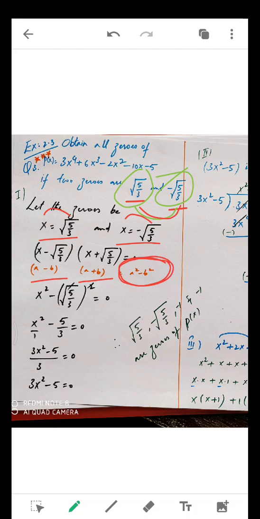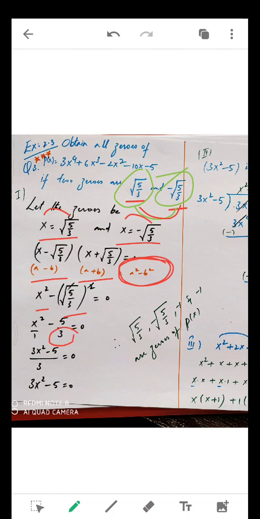So this becomes x square minus root 5 by 3 whole square. I can cancel square and root. After cancelling square and root, I get only 5 by 3. Now after finding this, we'll find the LCM of denominators.